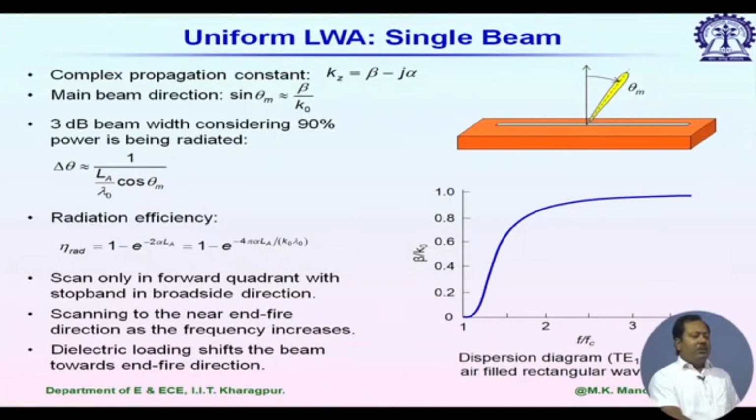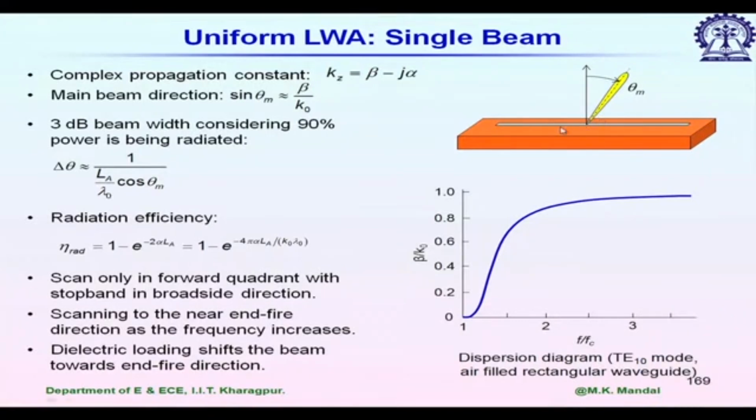So, we have to use some sort of offset. If I increase the offset, radiation or leakage from this slot will increase. Leakage also can be controlled by changing the width of the slot. If I increase the width, there will be higher leakage from the slot structure.